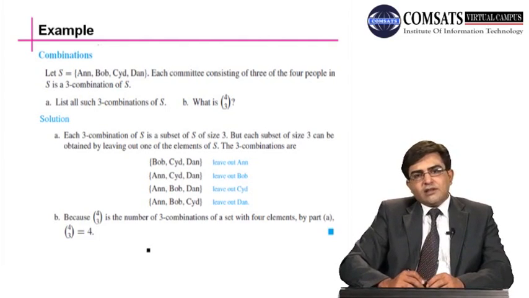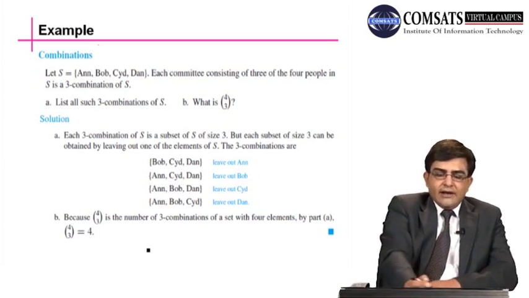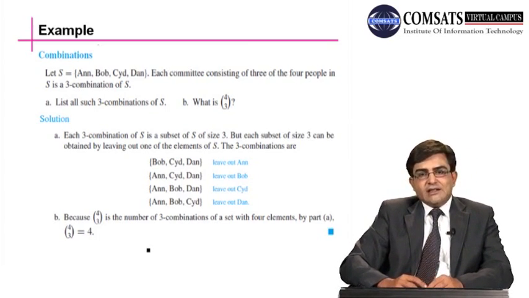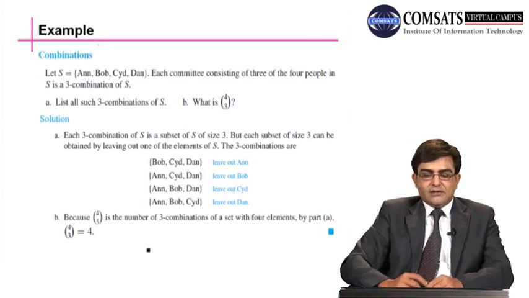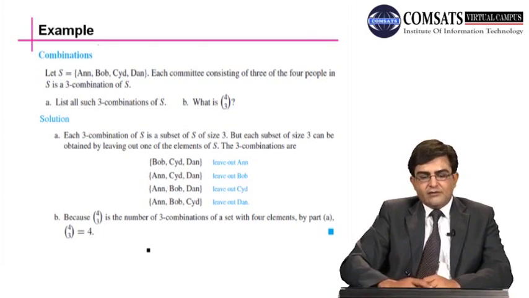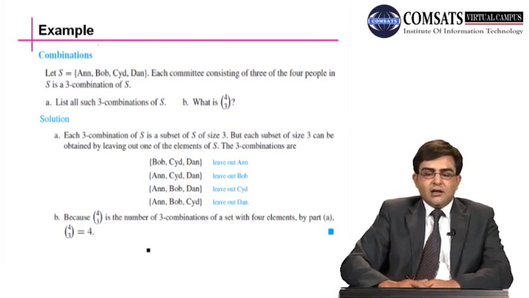All possible committees which we can form out of these 4 persons is basically the combination, meaning all possible subsets which contain 3 elements out of 4 elements of S.